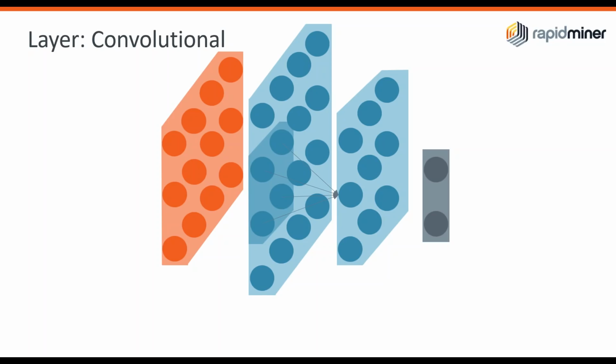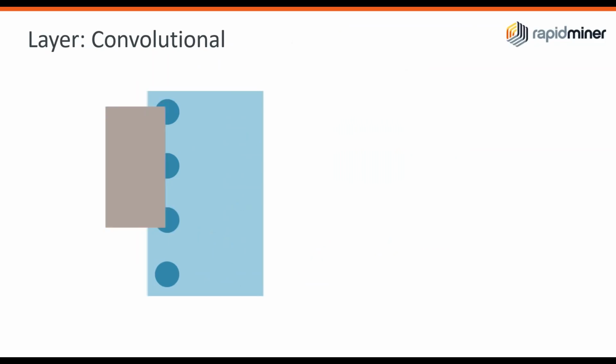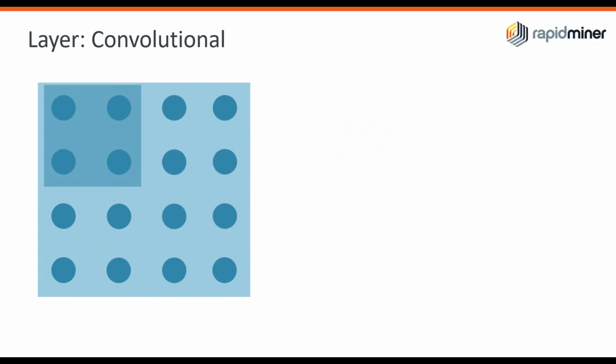So here, only part of the neurons of the previous layer are connected with the neuron of the next layer. Again, for the fully connected layer before, a neuron of one layer was always connected to all neurons of the previous layers. So if we lay this down flat on the table, it looks a bit different.